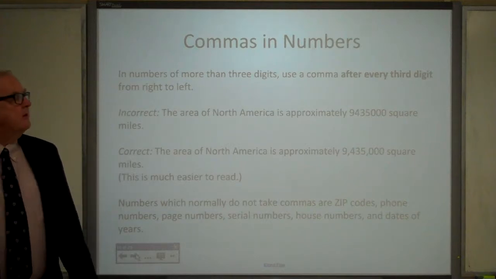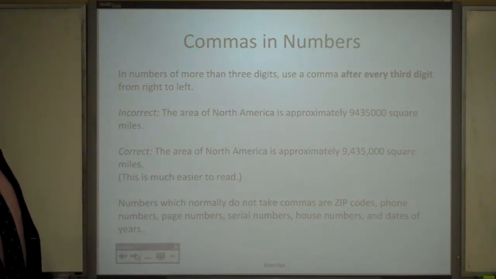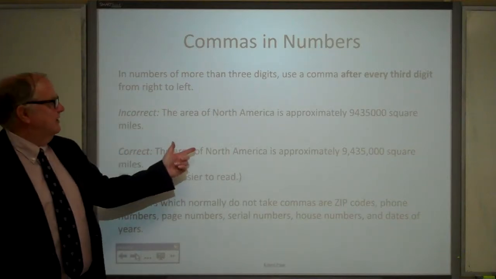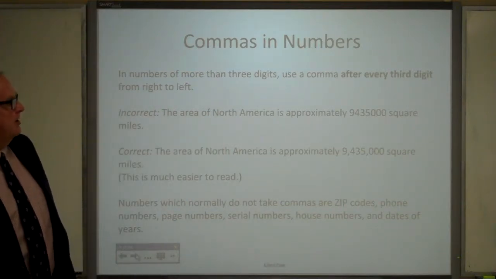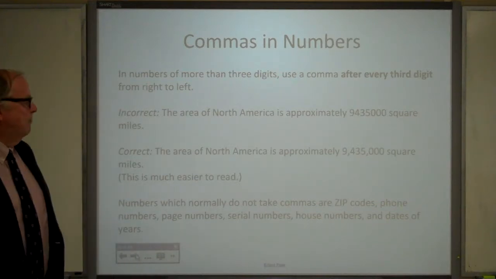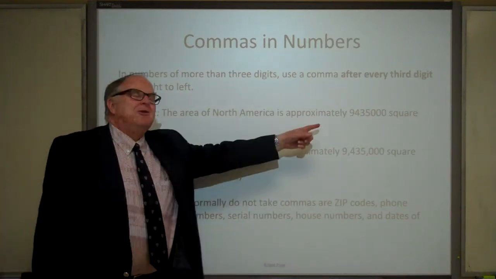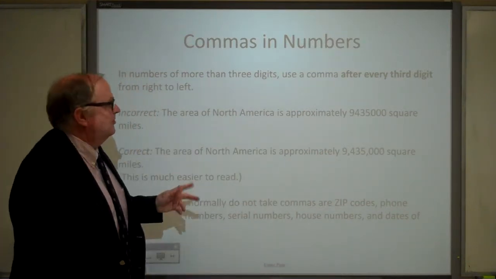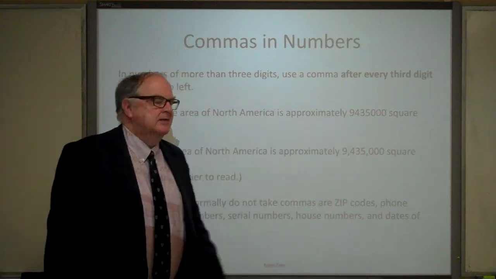In numbers more than three digits, you use a comma after every third digit going from right to left. If you think about it, the area of North America is approximately 9,435,000 square miles. Okay, that's a little hard to read. I mean, you can figure it out, but it's easier to read if you have the commas in there.